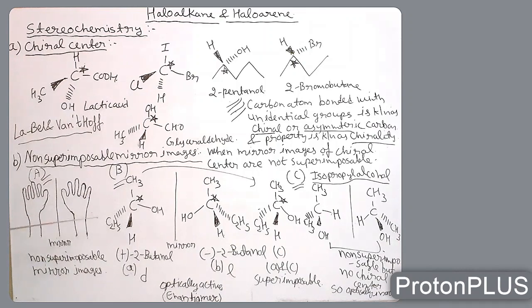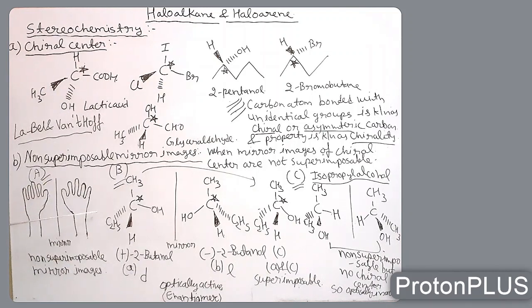But remember, when I rotate this mirror image, A or B, any of the mirror images, by an angle of 180 degrees, then I will get a superimposable mirror image, like A and C. As you can see, this is A and the next one is C. These two are completely identical.